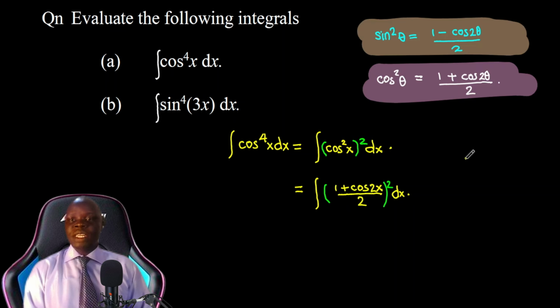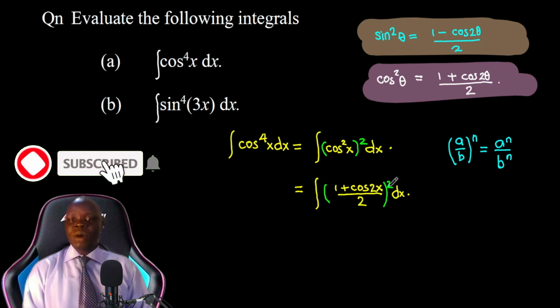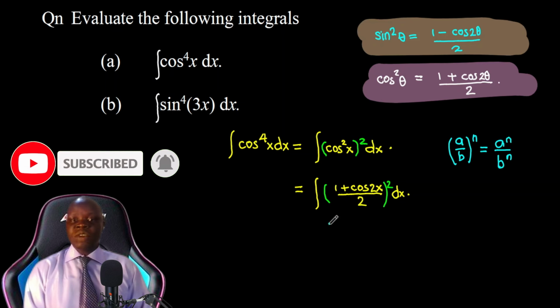Like if we have written this power rule down here, where if you have a over b to the exponent n, we can rewrite this by distributing this n to a as the numerator and also b as the denominator. So for now, we are at this stage where our common power is 2, so we need to distribute it to the numerator and denominator.